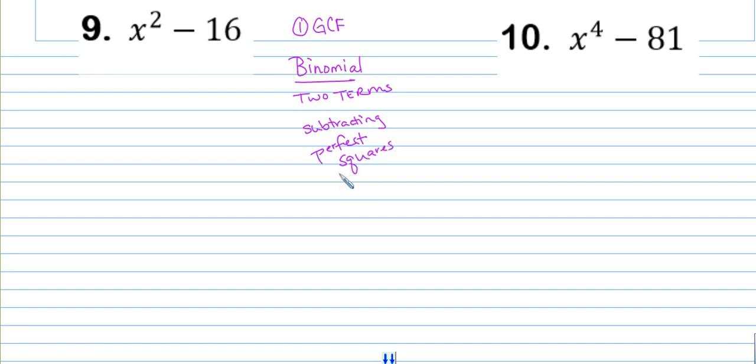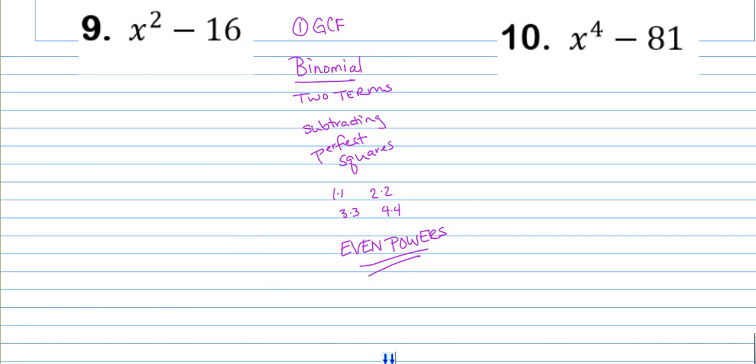Perfect squares are numbers that you can get by doing something like 1 times 1, 2 times 2, 3 times 3, 4 times 4, etc. And then you're also looking for even powers. Even powers of exponents means that they're perfect squares.